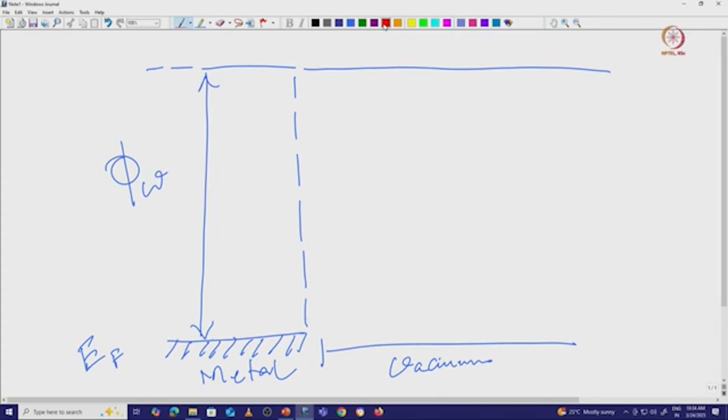So, in thermionic emission, what happens? We need this much energy to take out the electron so that there is no speed of that electron. So if we just look at this red curve, we get a curve like that. This is called the thermionic emission.